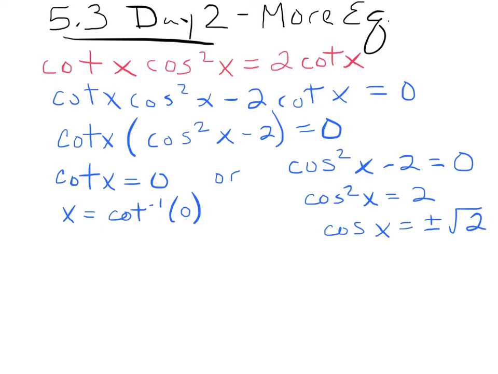Okay? So if I look at the first part with x being the inverse cotangent of 0, the angles that are going to have a cotangent of 0 would start out at pi over 2. Okay? And it would also be 3 pi over 2, which would be a negative pi over 2.